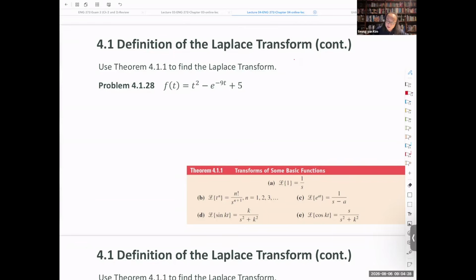From the equation sheet, we have the Laplace transform of 1, just like what we showed, is 1 over s, right? That means when we have a 5, the Laplace transform of 5 is going to be 5 over s. This is a good time to remind you to be careful, because if you write 5 and s in a way that looks alike, you're going to confuse yourself and you're going to confuse me also. I cannot identify which one is 5 and which one is s.